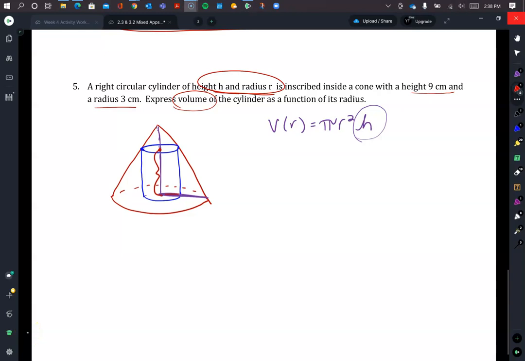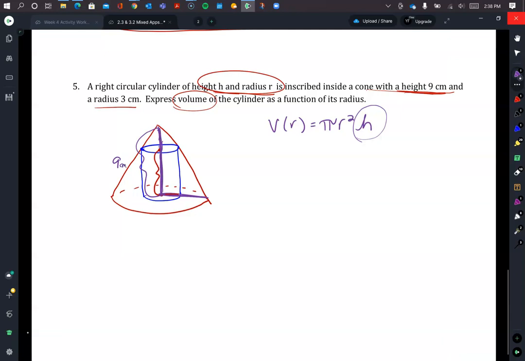So a couple things that will help me: let's just look at what I'm given. I'm given the height of the cone is 9 centimeters. So this whole piece here is 9 centimeters, this big purple line there.